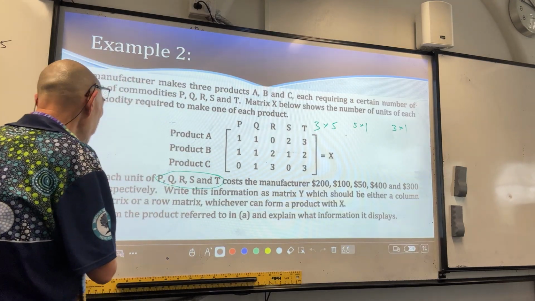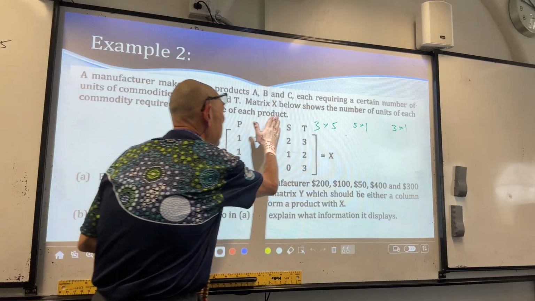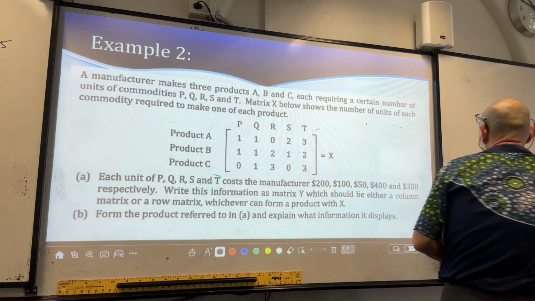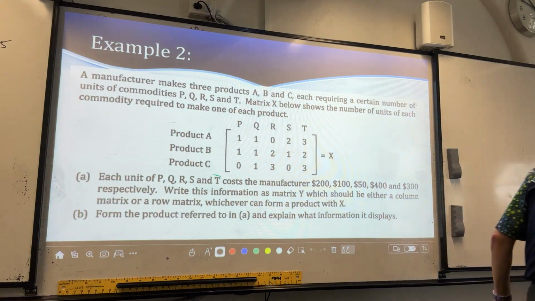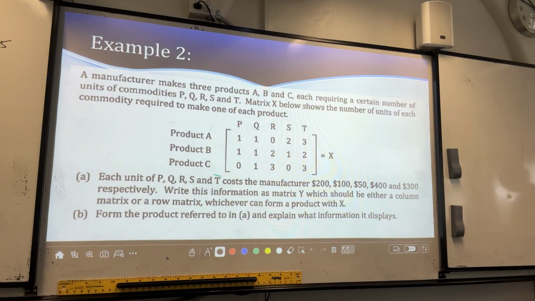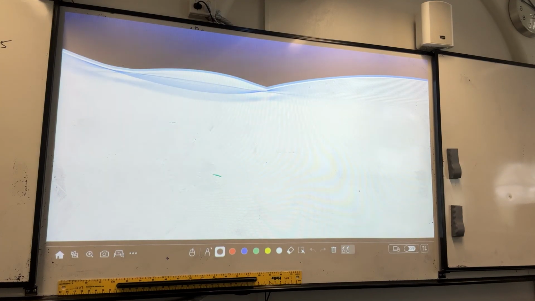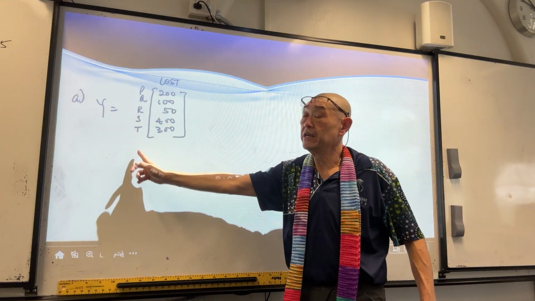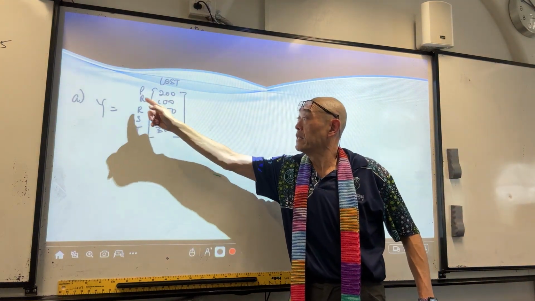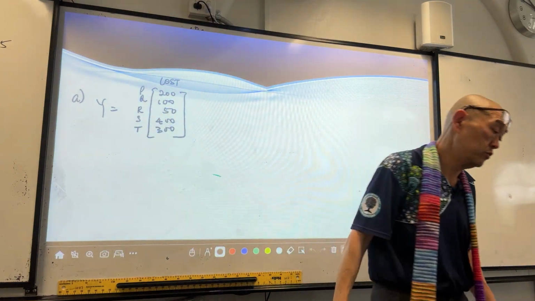So, what would Y be then? What would the matrix Y be? It would be that. What I've done is label the top as cost, and this is P, Q, R, S, T, so that we know what each cost belongs to.